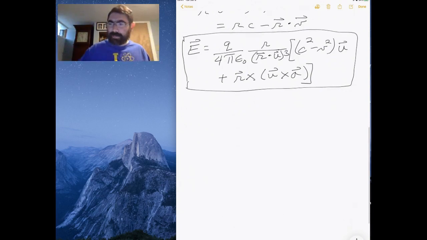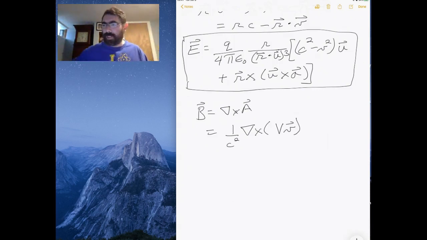Okay, so for the magnetic field, B is the curl of the potential A. And if I take a look at this, then what I would get is 1 over c squared, the curl of V times the velocity v.